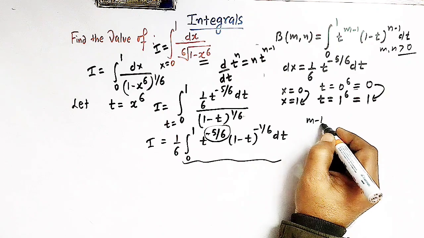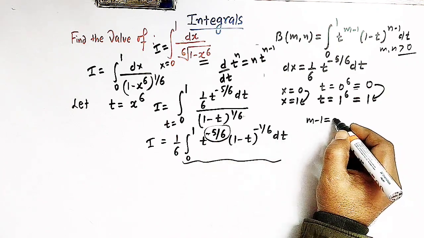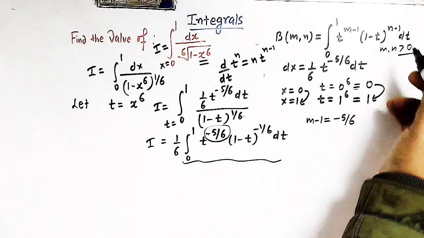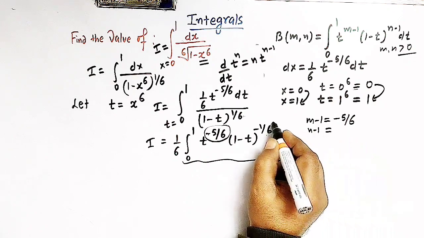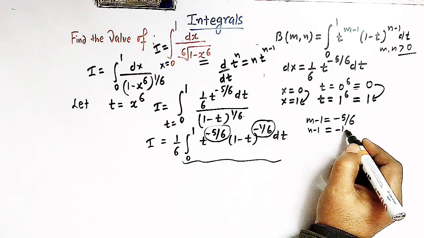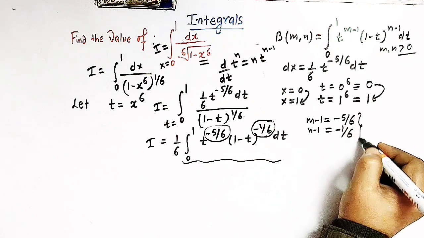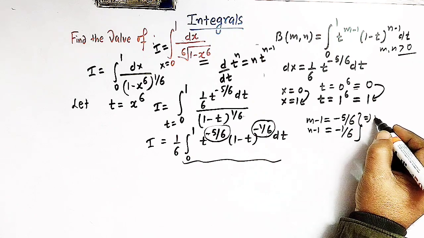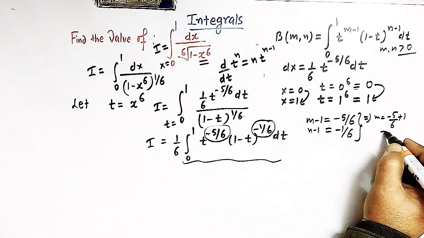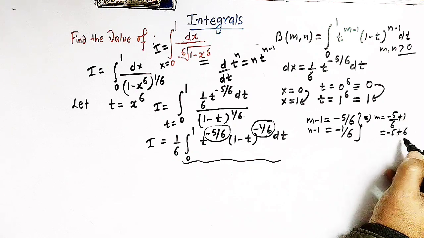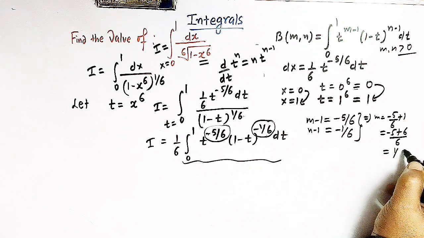So now m minus 1 can be written as minus 5 over 6, and n minus 1 can be written as minus 1 over 6. Let us solve these two equations. We can now write m is equal to minus 5 by 6 plus 1, that is minus 5 plus 6 over 6, that is 1 over 6.